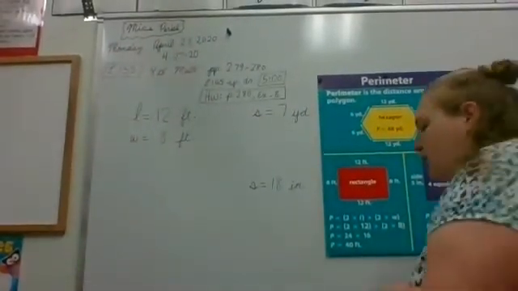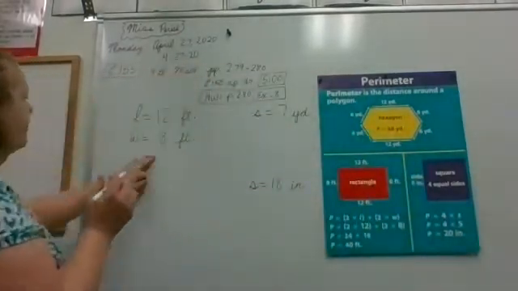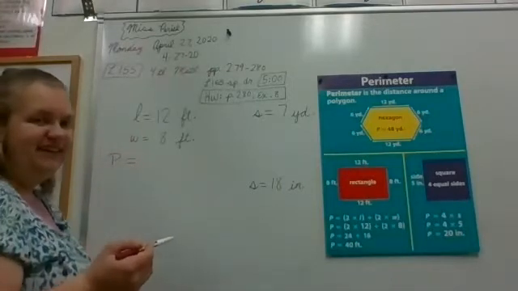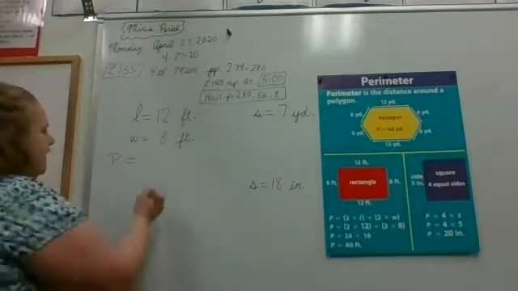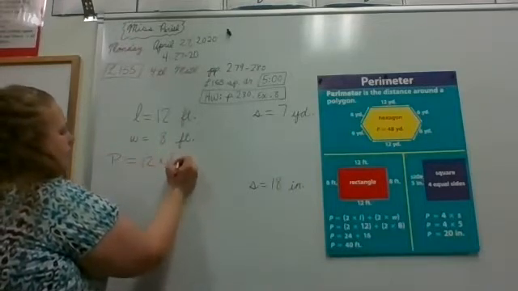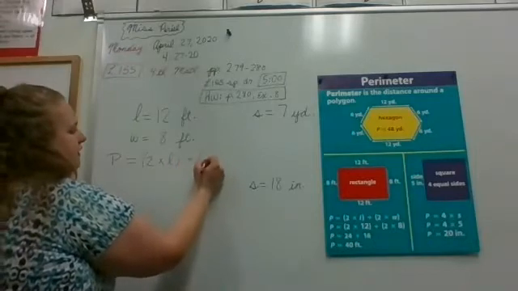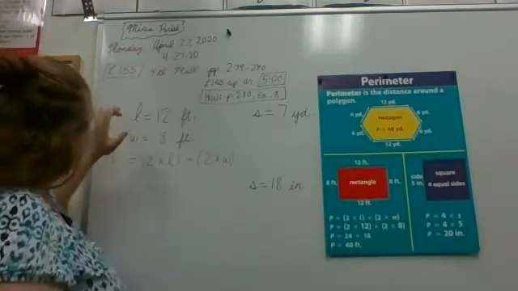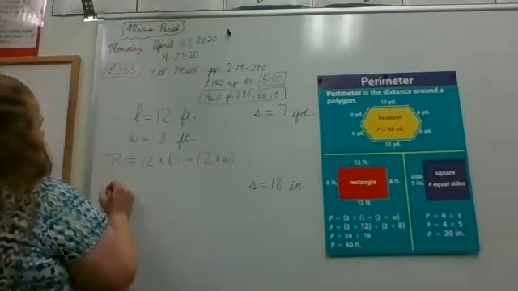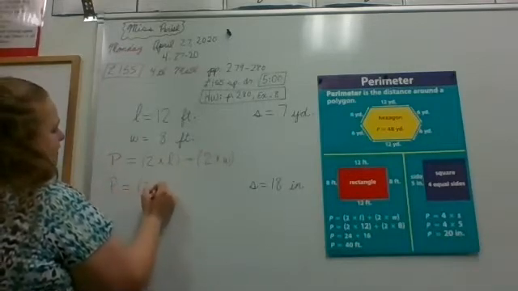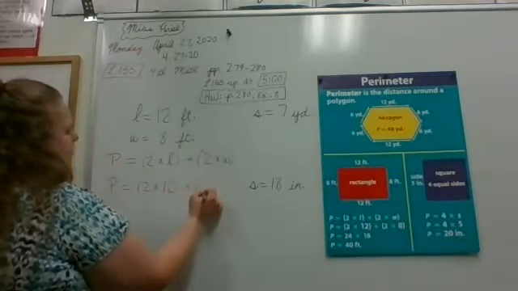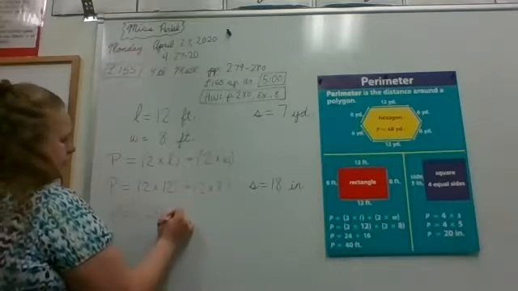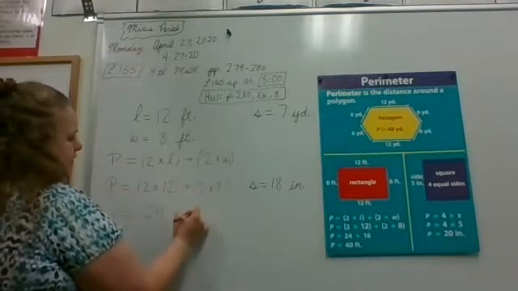All right, so we are going to do the formula for the rectangle right here, which was P equals what? See if you guys remember. Okay, good. 2 times L plus 2 times W. In this, I give you, this may look familiar: 2 times 12 plus 2 times 8. 2 times 12 is 24. 2 times 8 is 16.